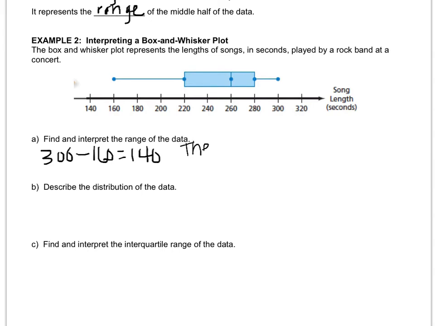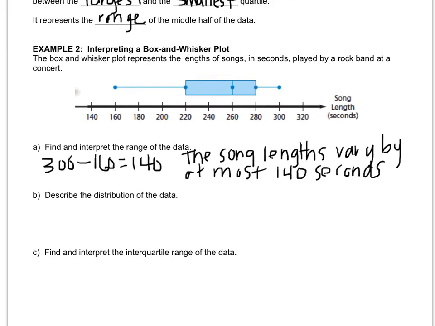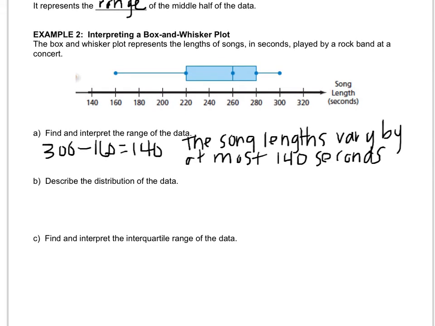The song lengths vary by at most 140 seconds. Okay, describe the distribution. What does this bottom whisker represent? 25% is represented by the bottom whisker.